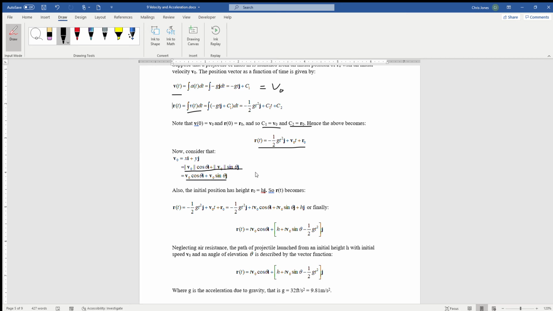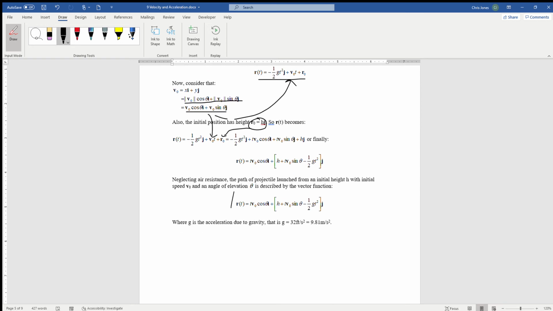So we're going to substitute that back in for v naught. We're also going to realize that r naught is going to be the initial height, so that would be h times j. And so we just substitute everything back in, plugging this in for v naught, and for r naught substituting hj. And eventually, what we end up with is this position function.